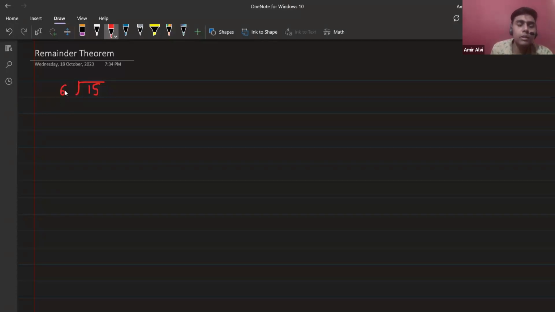Is 15 a multiple of 6? No. So you take a multiple which is less than and nearest to 15, which is 6 twos are 12, and 3 will be left. So this is called what? Can anybody tell me? Remainder. Very good.